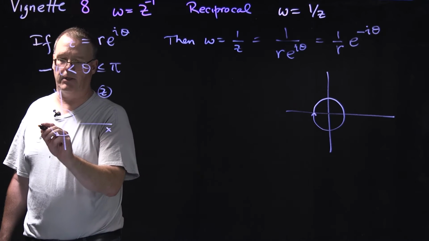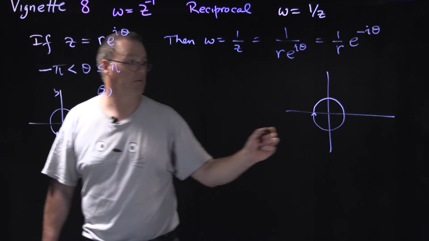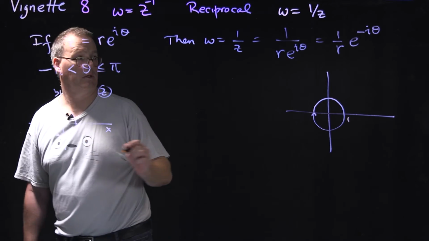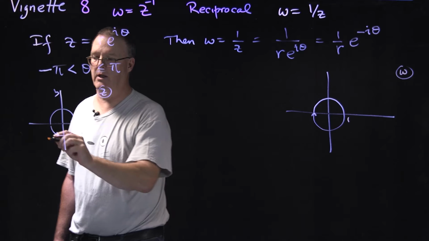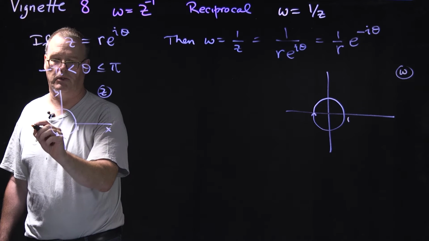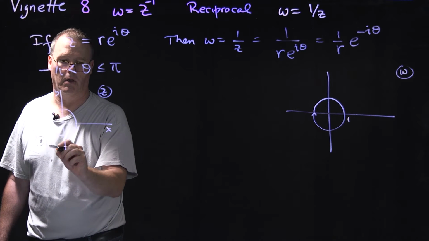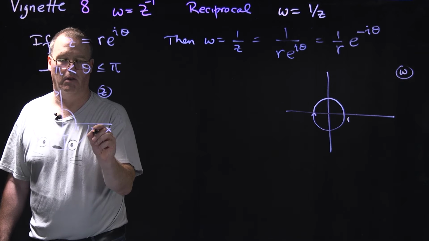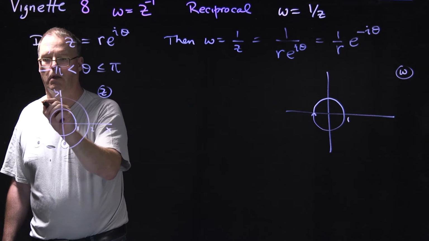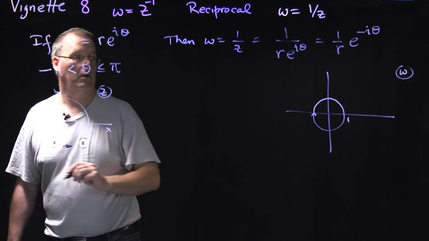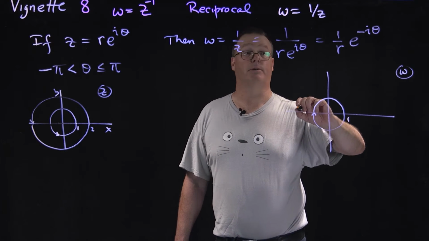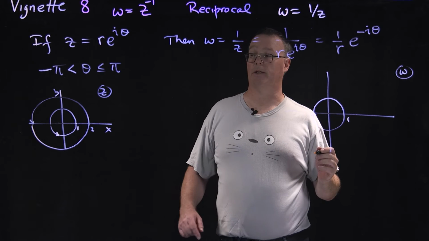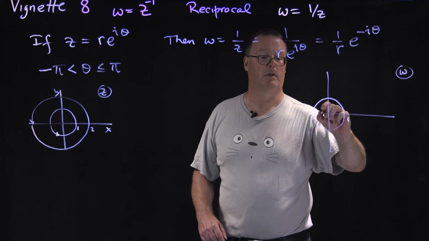So let's look at another. Let's decorate this with the w plane. So now let's look at radius 2. The radius in the w plane is not 2, but 1/2.